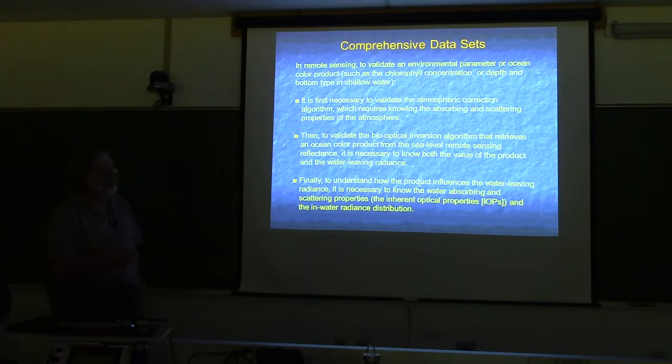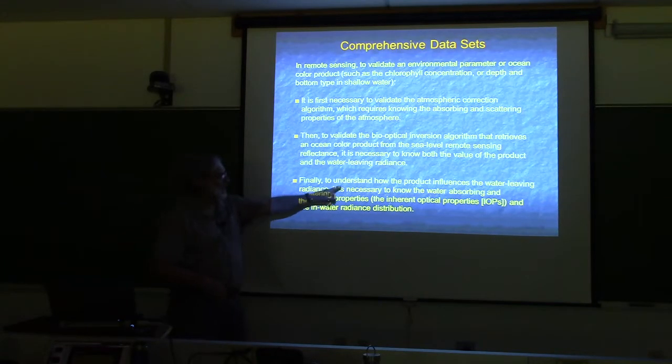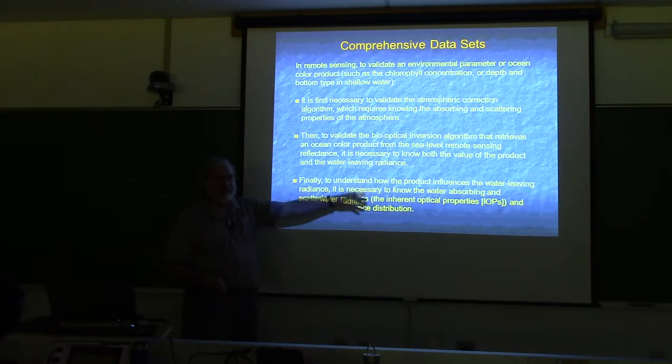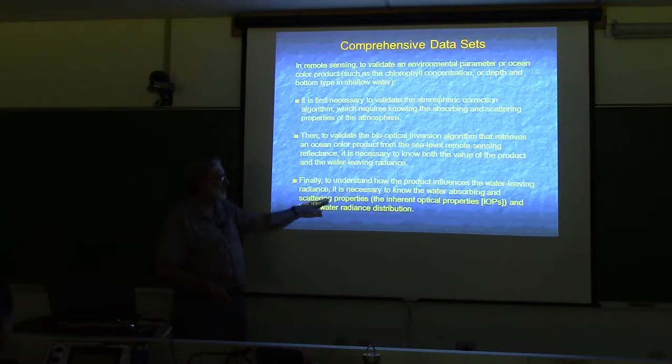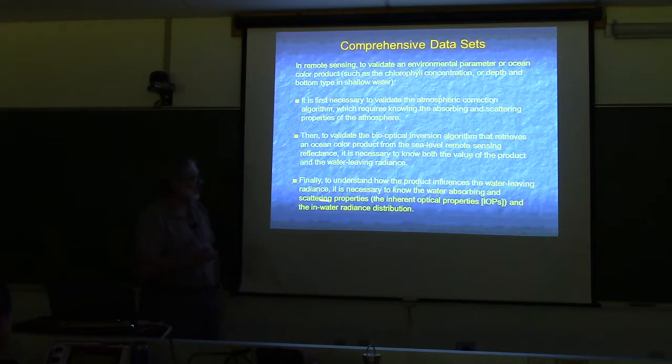So you need to know both the Rrs spectrum and the value of the chlorophyll, and then you can see whether that algorithm gives the right chlorophyll. And you need to understand how the product, like chlorophyll or CDOM absorption, affects the water-leaving radiance. That means you'd have to measure the water absorbing and scattering properties and in-water radiance distributions and all of this.